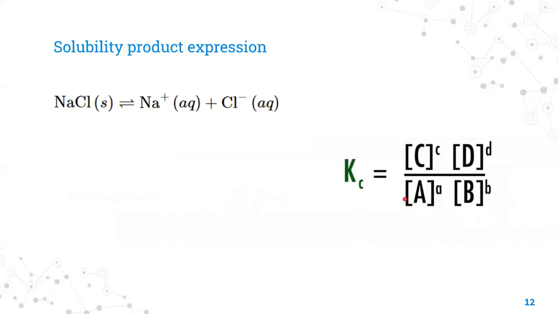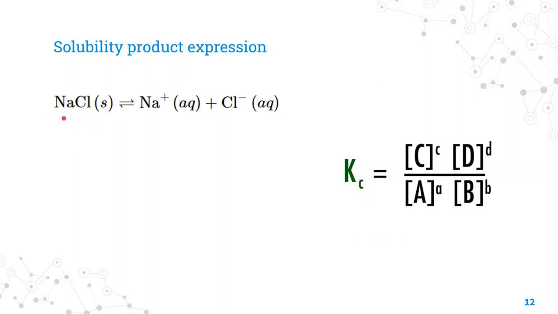In level 3, we're introduced to something new, which is the solubility product expression. This is basically the same as our Kc, or equilibrium constant. The only difference is we only use the solubility product expression when we are dissolving something, like an ionic compound.